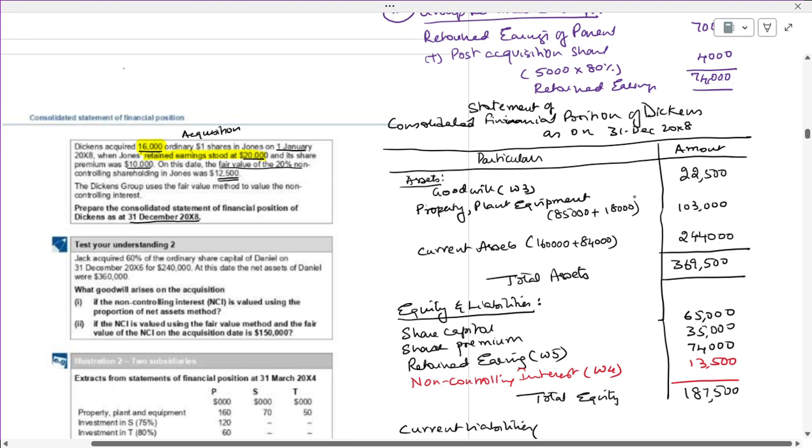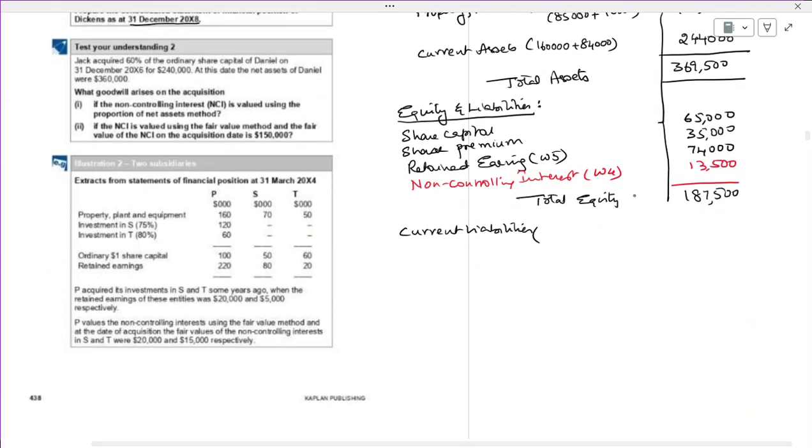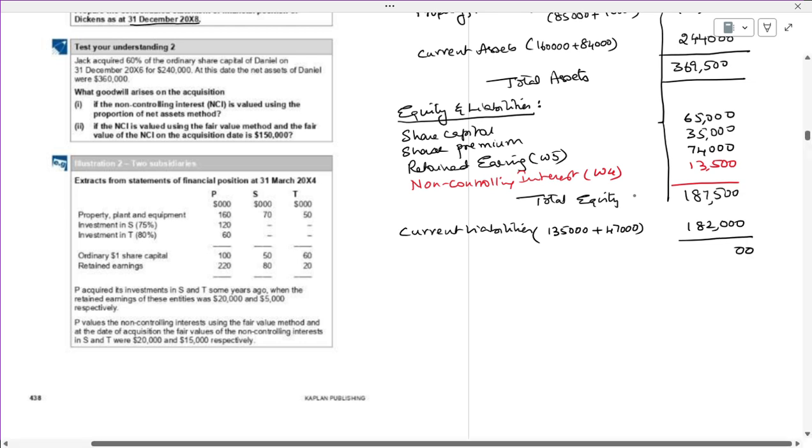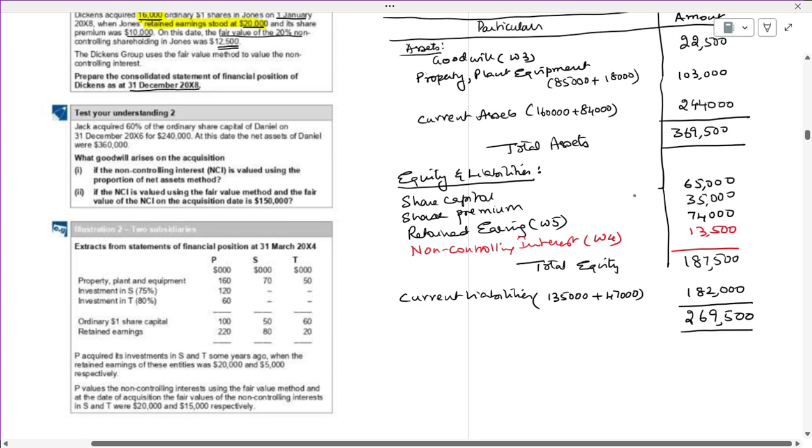How much are the current liabilities? 135 plus 47, which is 182. Check. The total comes to $369,500.